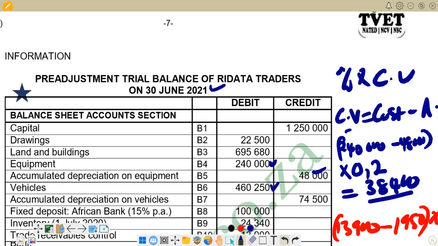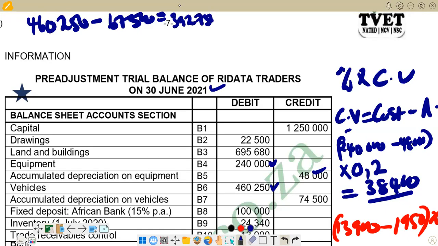So let's start by calculating the ones that were there for the whole year. We say 460,250, and we remove that one that was bought, which was 67,500. When we do that, we are left with 392,750.